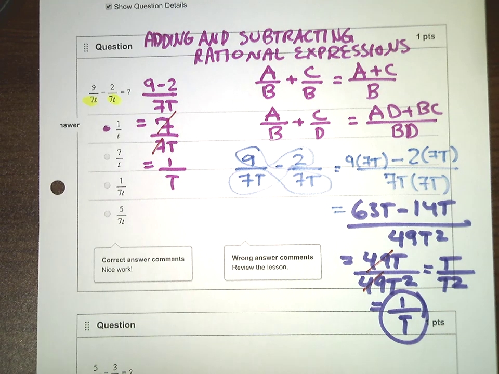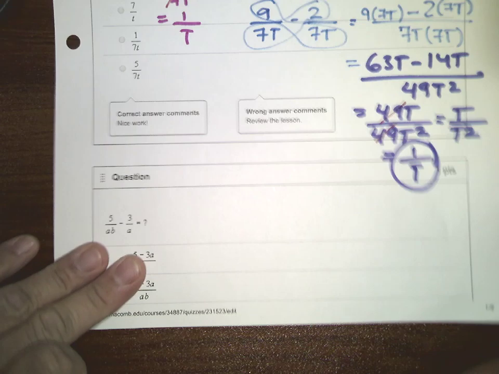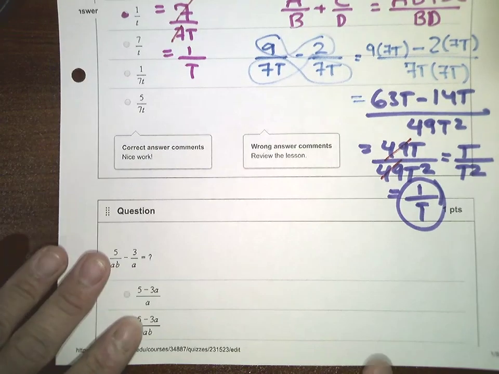So if the denominators are the same, it makes the procedure of adding and subtracting the rational expressions a little bit easier. So that's our goal, is to try to make things as easy for us as possible.